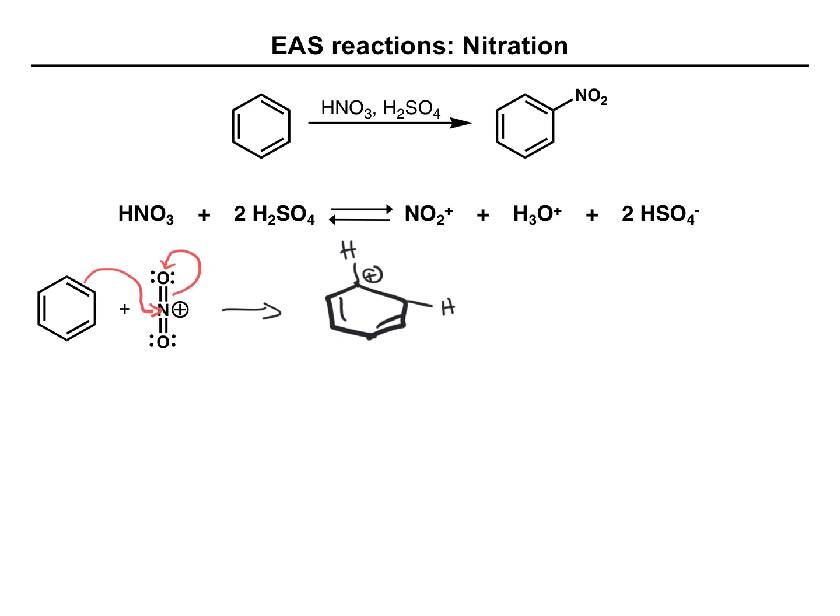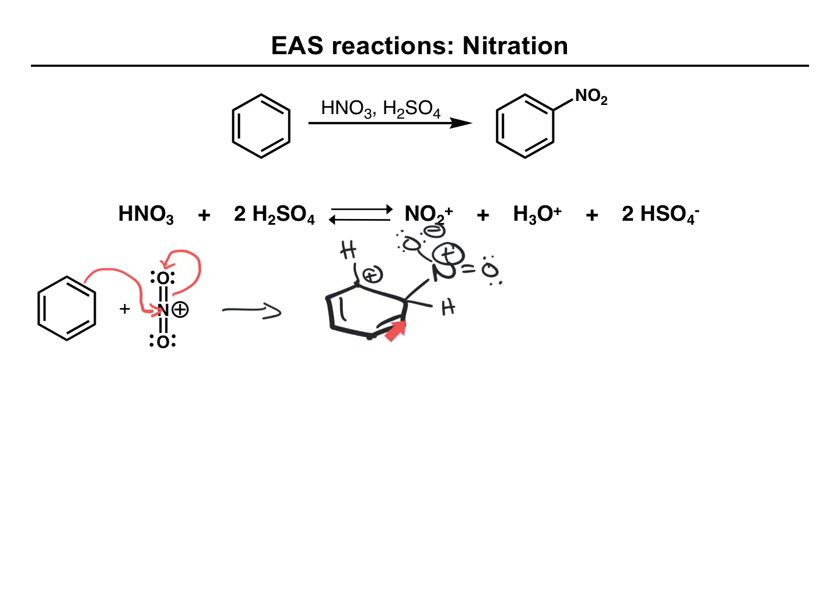This carbon is still connected to the hydrogen that was originally present, and now it's connected to the nitro group, which looks like this. Because we now have an sp3 hybridized carbon, this is no longer an aromatic ring.